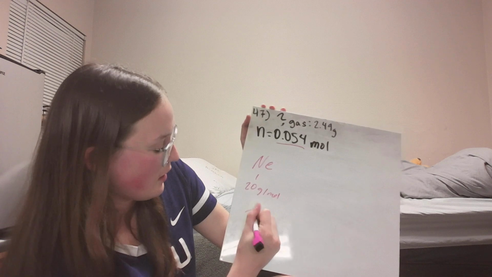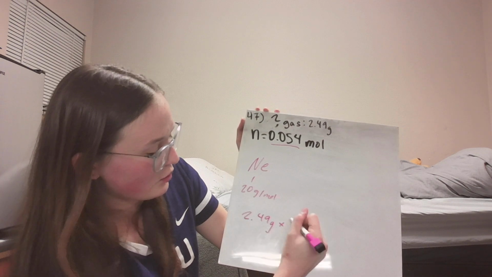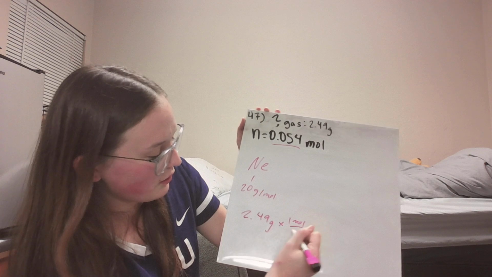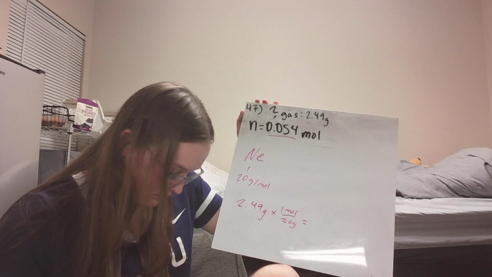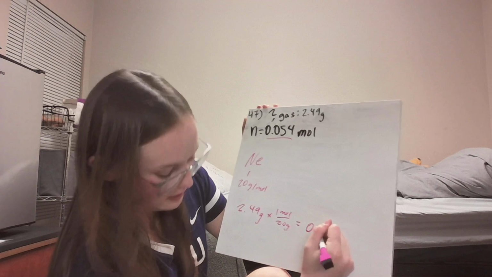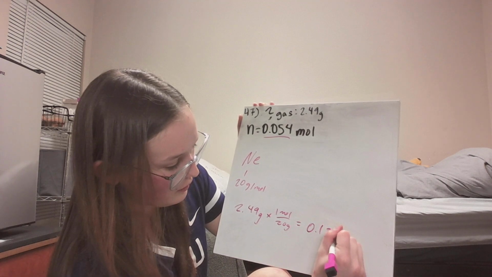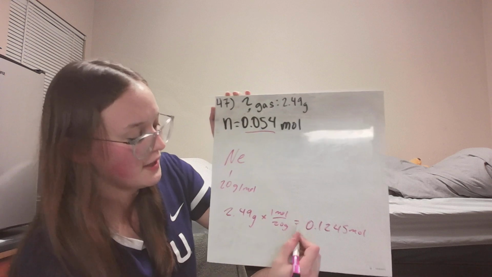So we're going to do 2.49 grams times 1 mole over 20 grams, which is equal to 2.49 divided by 20, 0.1245 moles. That's way too big, so it's not that.